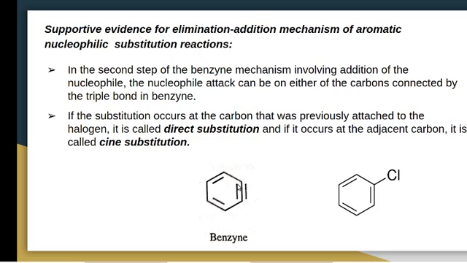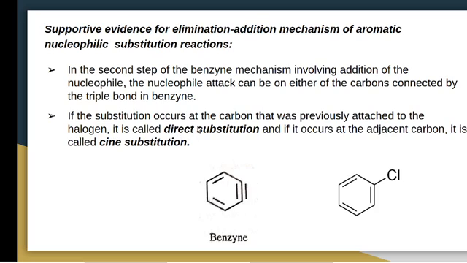In this case, we discussed the chloride ion. The second step involves the attack of the nucleophile on the benzyne. On benzyne, the incoming nucleophile can attack on either side of the triple bond.